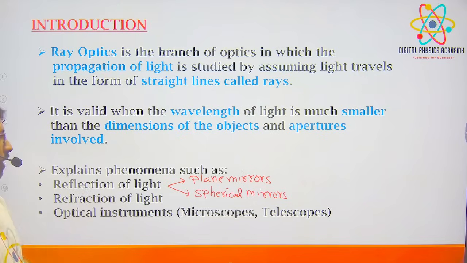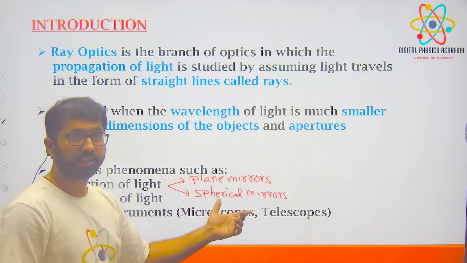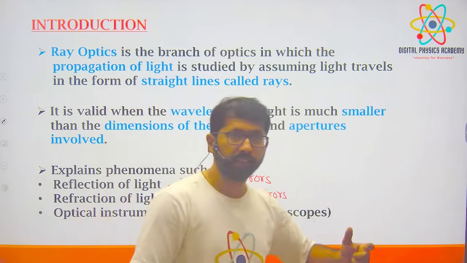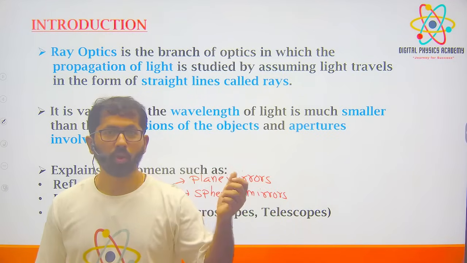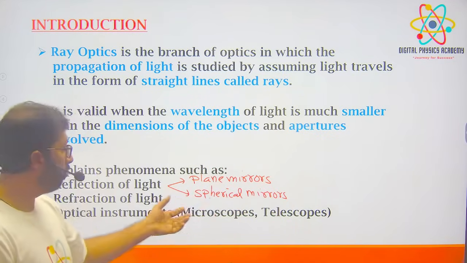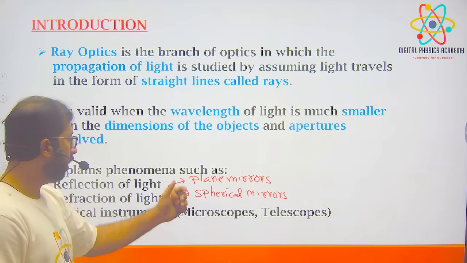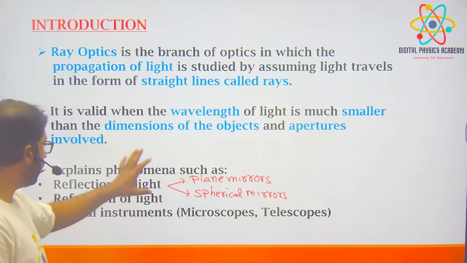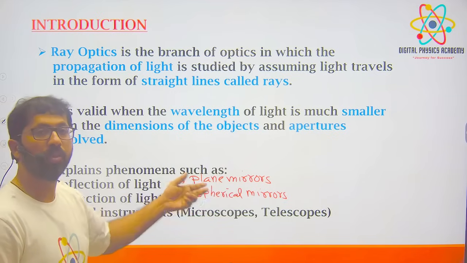Spherical mirrors, which we studied in 10th class, right? Do you remember spherical mirrors? Like concave, convex, those types of mirrors we are using here. And plane mirror. So first we will study reflection completely, then we go for refraction.